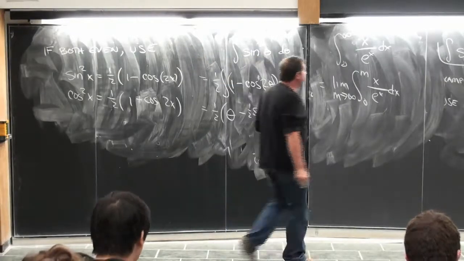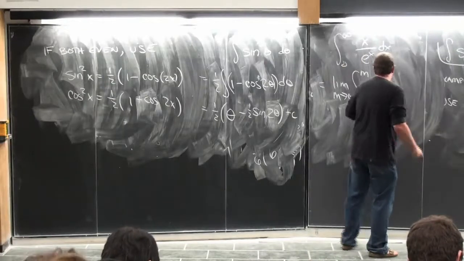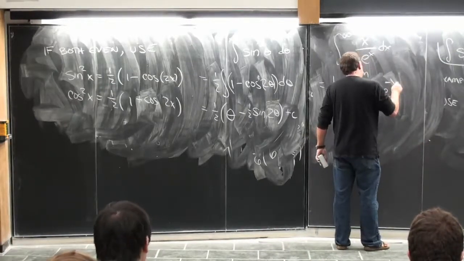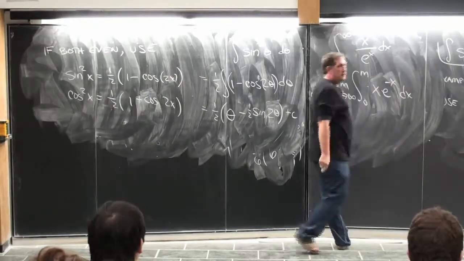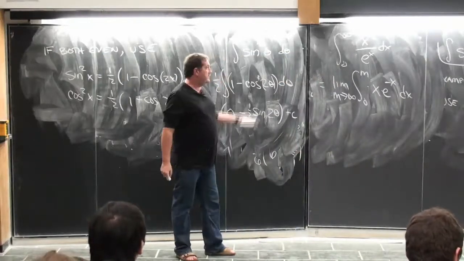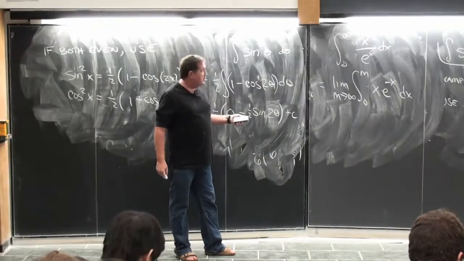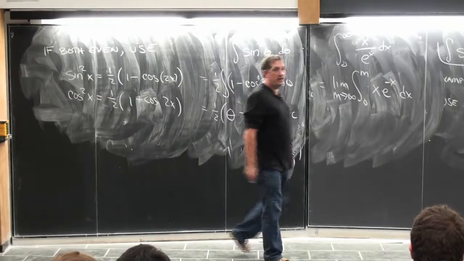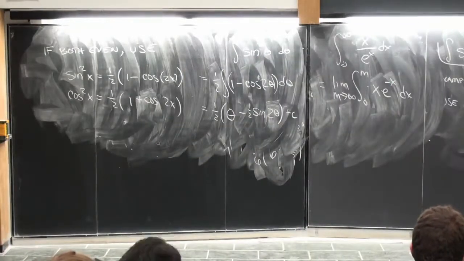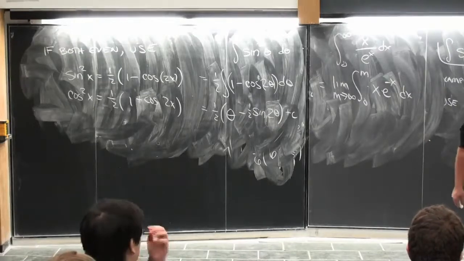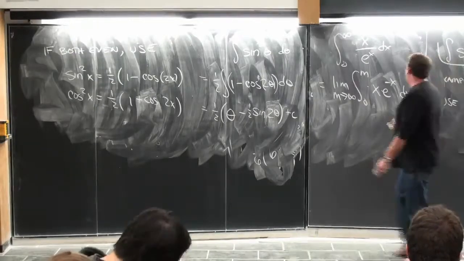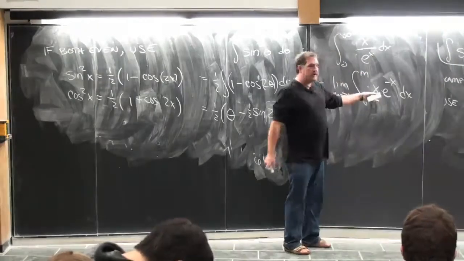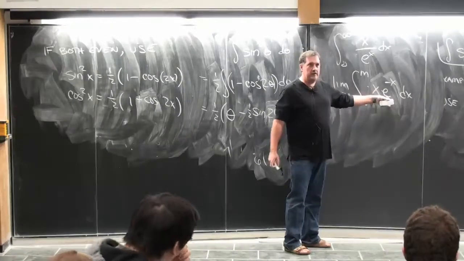In fact, it's probably easier to think of it this way. It's the same, right? But it's easier to think of it this way because now what technique am I going to use to do this integral?